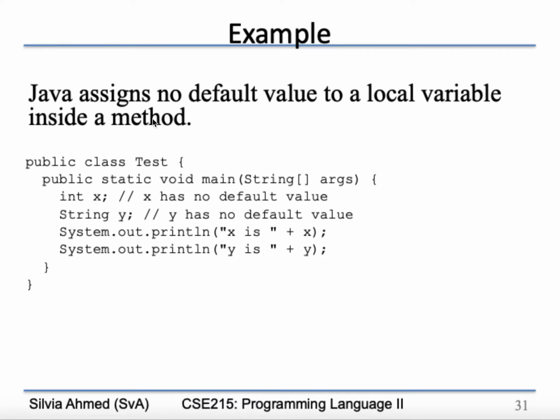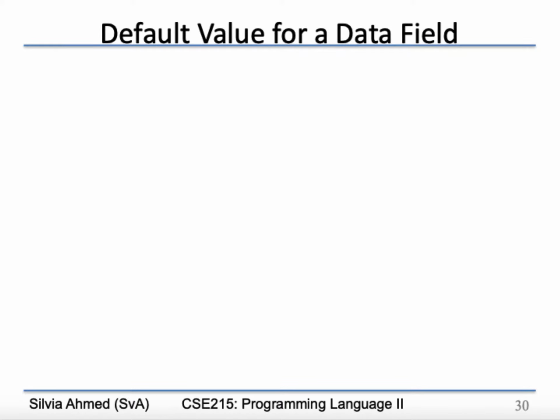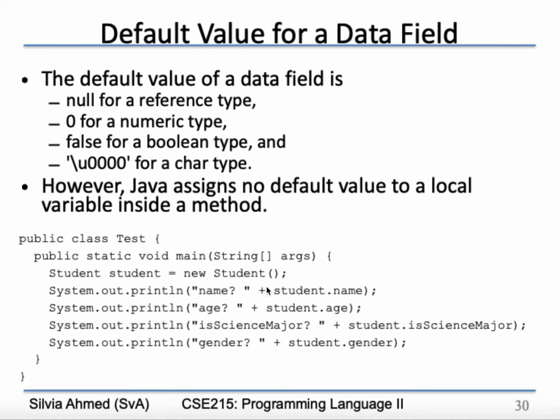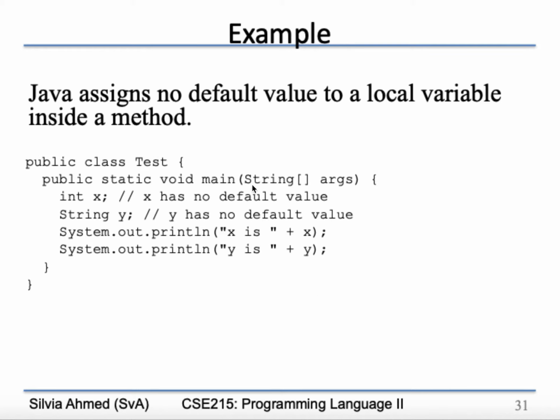So we have seen that Java assigns no default value to a local variable inside a method. In the previous example, all these name, age, is science major, gender were actually data fields of a class. That's why they had a default value. But in this example, inside our main method, we are declaring two variables, int x and string y.